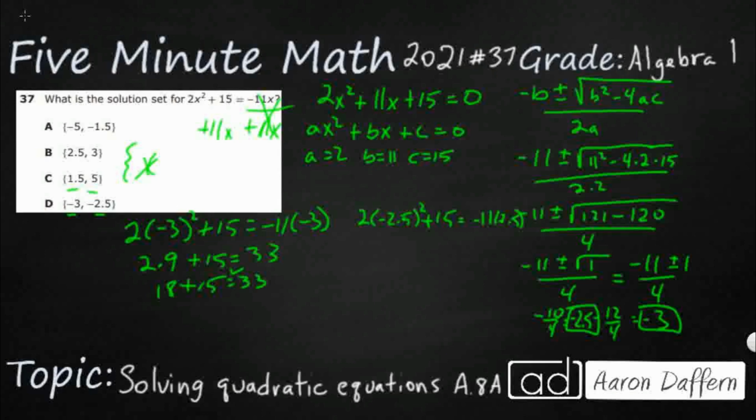Multiply that by 2, and you get 12.5. So 12.5 plus 15 equals negative 11 times that negative 2.5, which will make a positive 27.5. And do those two work out? Yes, they do. 15 plus 12.5 makes 27.5. All right, so both your negative 3 and your negative 2.5 check out. My answer here is going to be D.